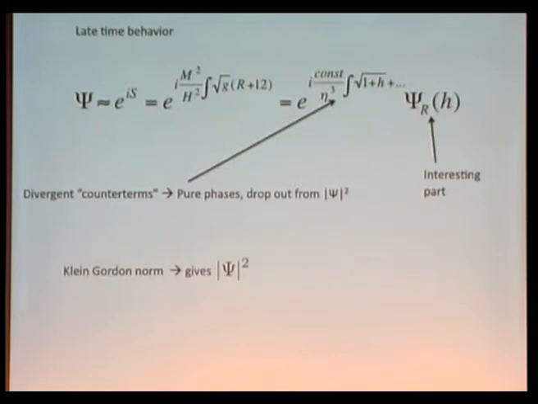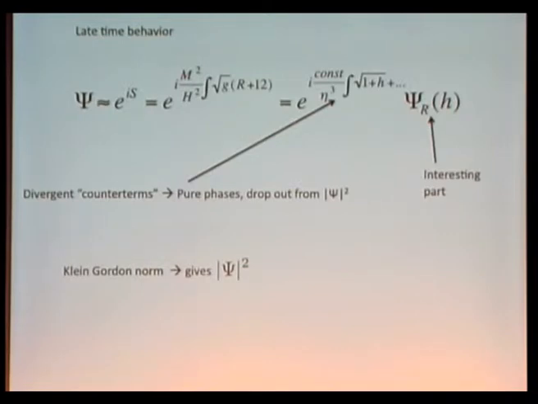Or if you wish, eta over H is the metric at which we evaluate this wave function. And we put in this action, and we get a term which is proportional to the area of the future boundary, the regulated area. And this is the oscillating piece I mentioned before. It's similar to the divergent counterterms we have in the usual AdS calculations that you might be familiar with.